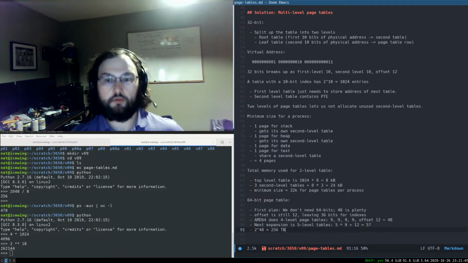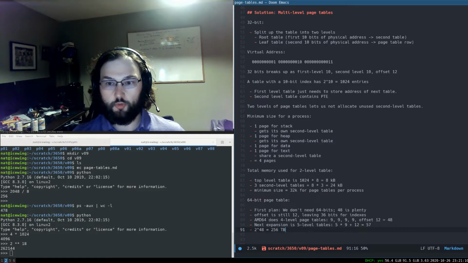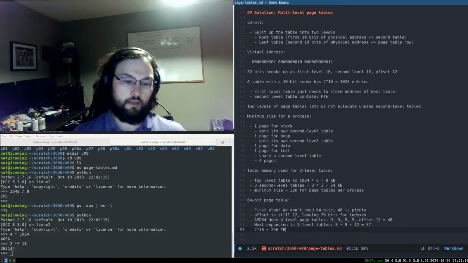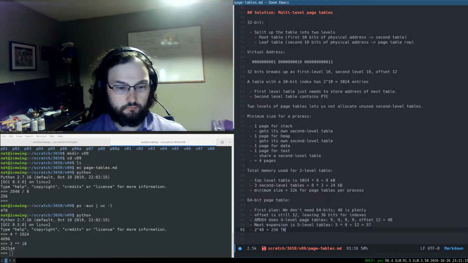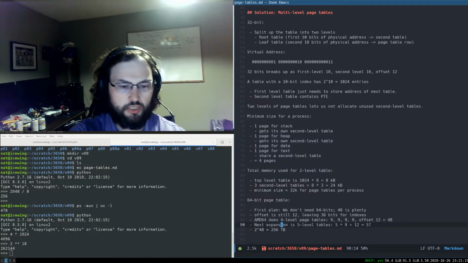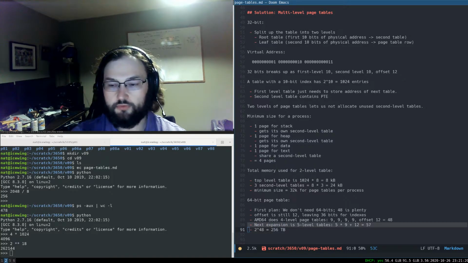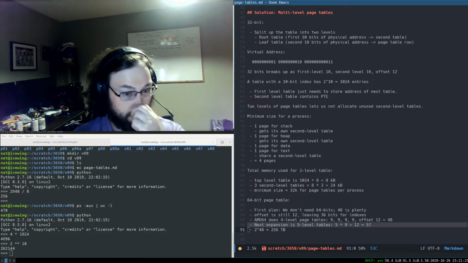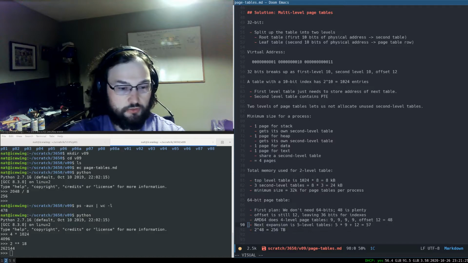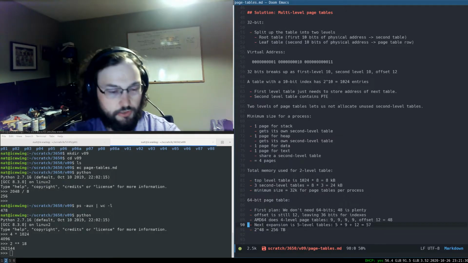So if you have more than 256 terabytes of physical memory in a machine, then you're going to need to go to 5-level page tables, and that was broadly supported in Linux as of a couple years ago. So this is something that you can just enable when you're compiling your Linux kernel, and it works fine.